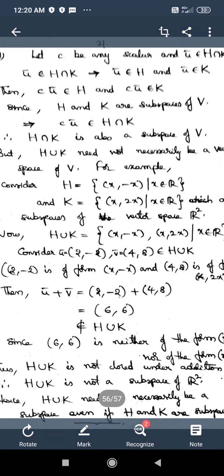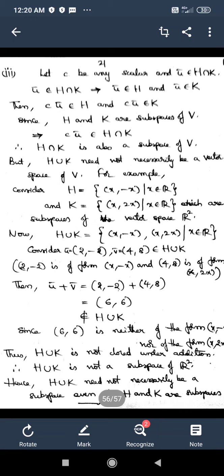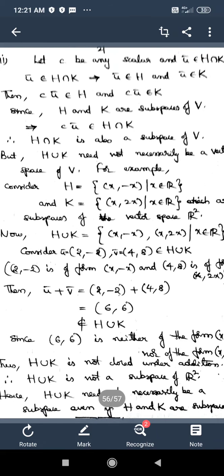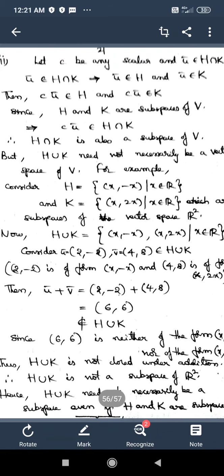So I am taking a specific set H as the set of ordered pairs x comma minus x, such that x belongs to R. So H is a subset of the vector space R2. And I am taking another set K which consists of the elements x comma 2x such that x belongs to R. Here we can see that H and K both are subsets of the vector space R2.